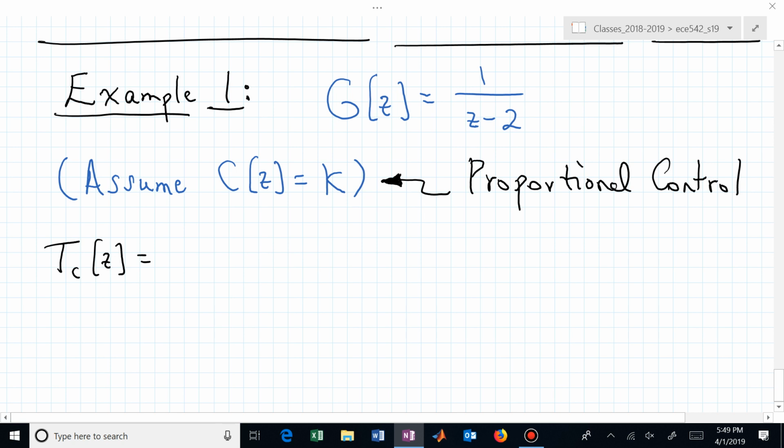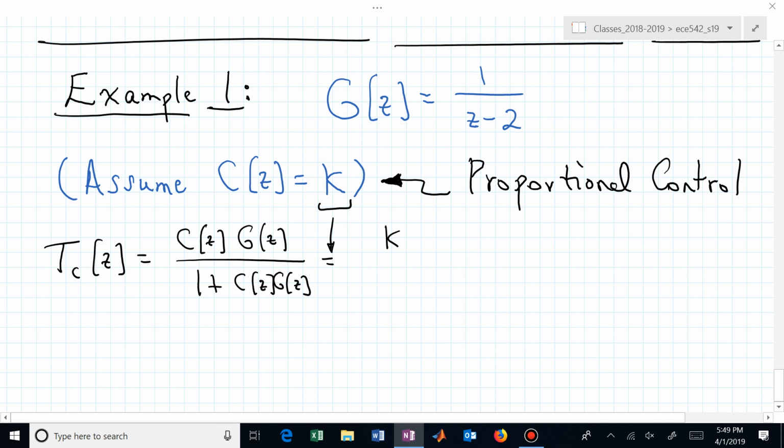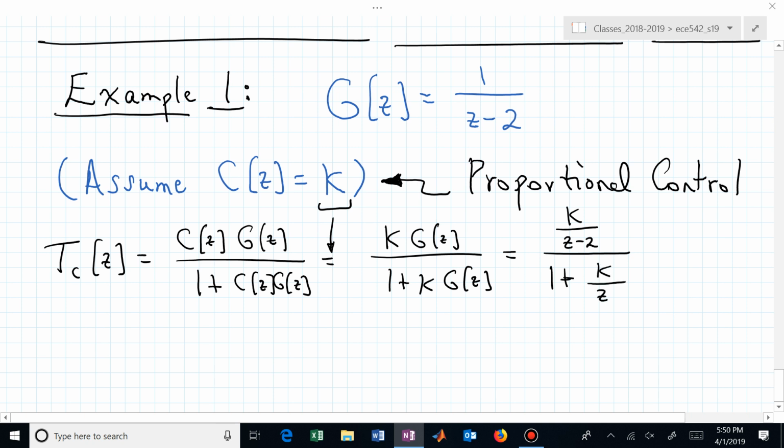That's c of z, g of z, over 1 plus c of z, g of z. But c of z is now just proportional control, so we have k times g of z over 1 plus k g of z. Substituting in the g, we have k over z minus 2 over 1 plus k over z minus 2.